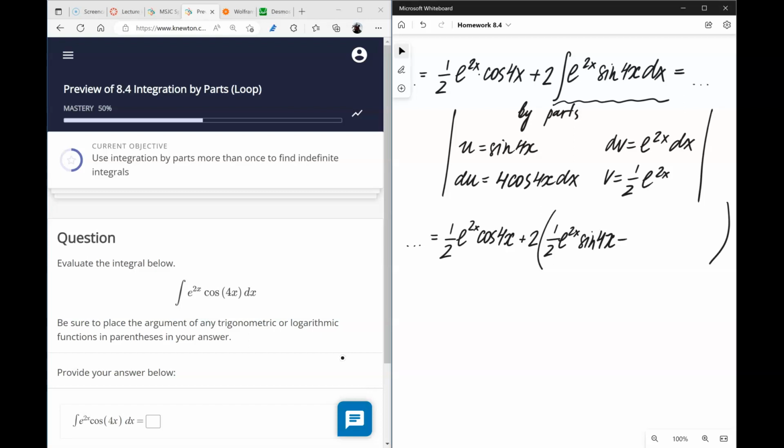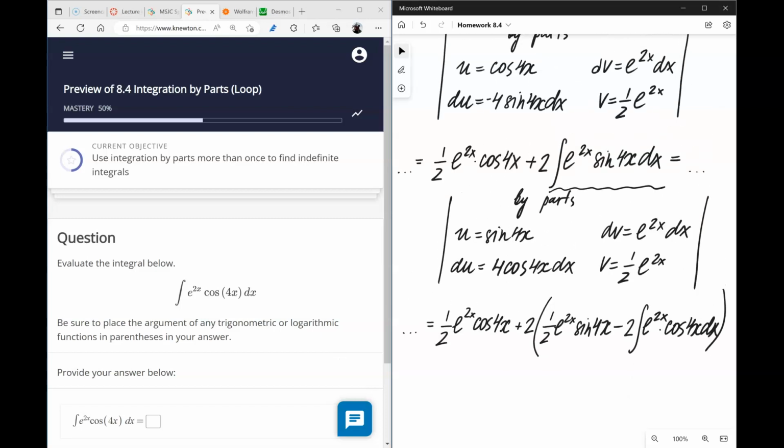So we have 1/2 and 4 comes out, it becomes 2. Integral of e to the 2x times cosine of 4x dx.